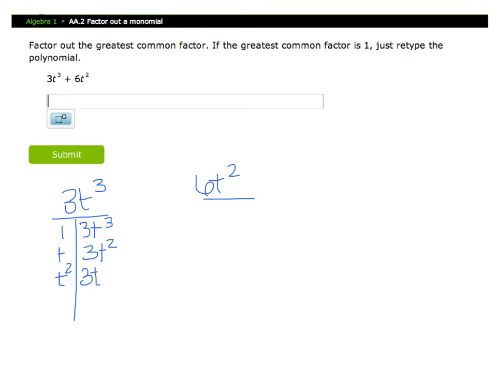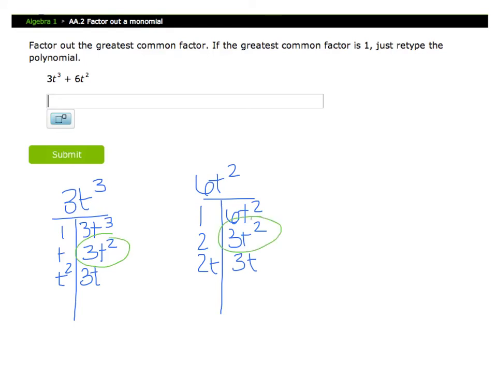For 6t squared, we're going to have a few more. We're going to have 1 and 6t squared. You're going to have 2 and 3t squared. Then you're going to have 2t and 3t. And I think we'll stop there. So if we look, we see our greatest common factor is 3t squared.